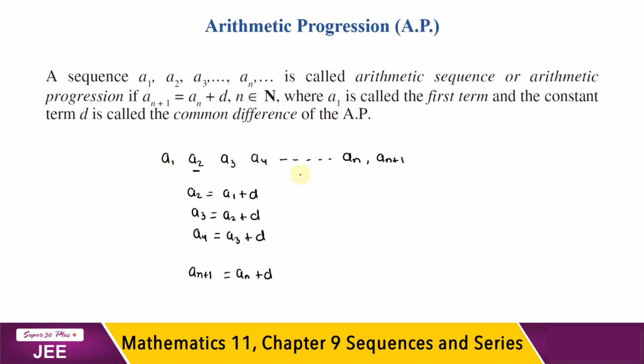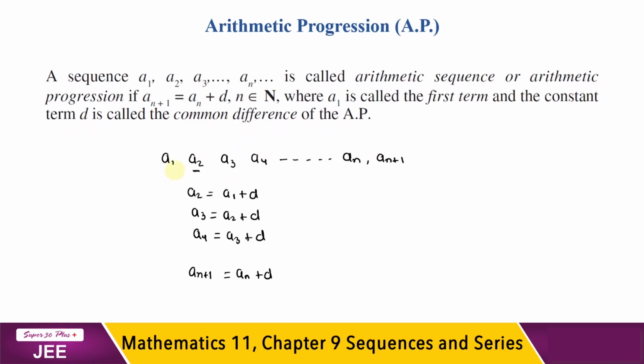So this resulting sequence following this property is known as arithmetic progression. And the fixed number that we add to each term in order to get the next term is called the common difference. It is denoted by small d, whereas the first term is a1.